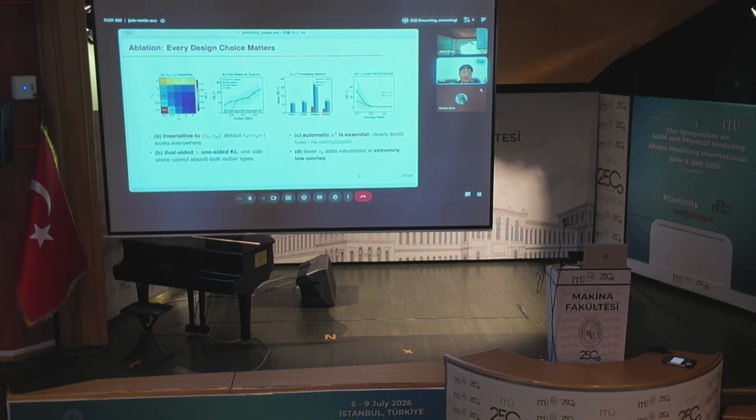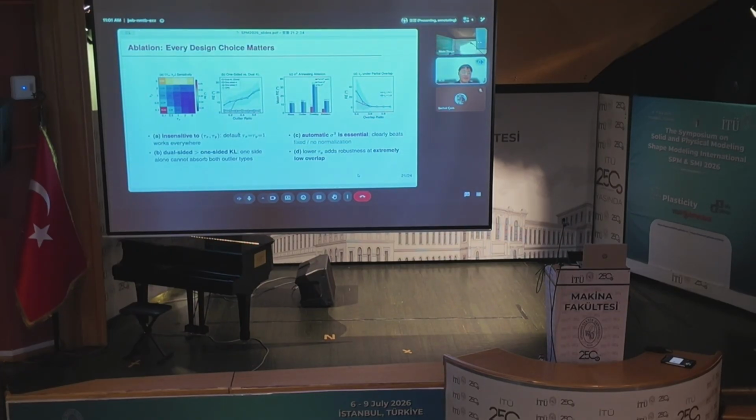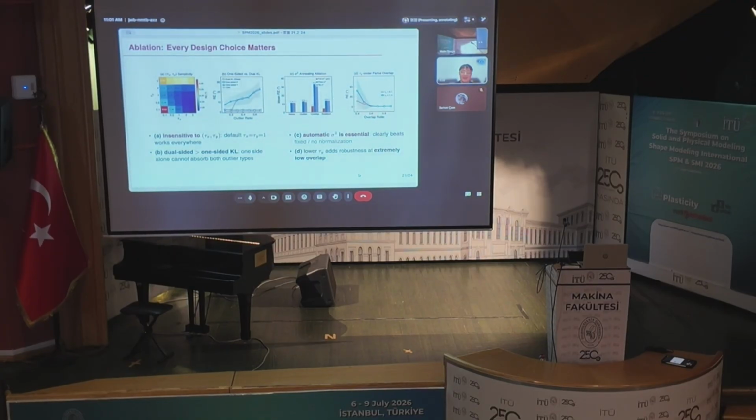And in the B, we test the downsize. It means that our downsize is the best. And in the picture C, we test whether our sigma form is really useful, and the result shows that our design is the best.